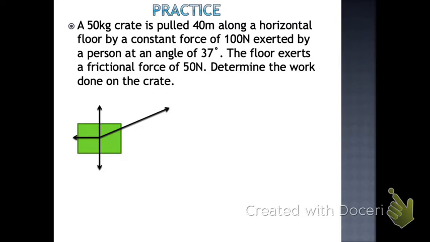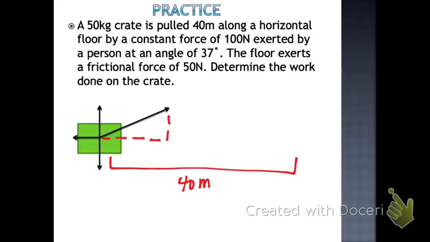It says it's being dragged or pulled, so is the motion of our box horizontal or vertical? It's horizontal. It's going to move 40 meters, and so we really need to be concerned with horizontal forces. We've got an applied force here and a frictional force, so we've got two to take care of.